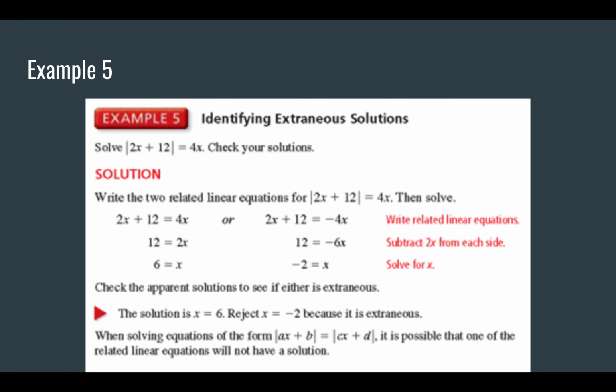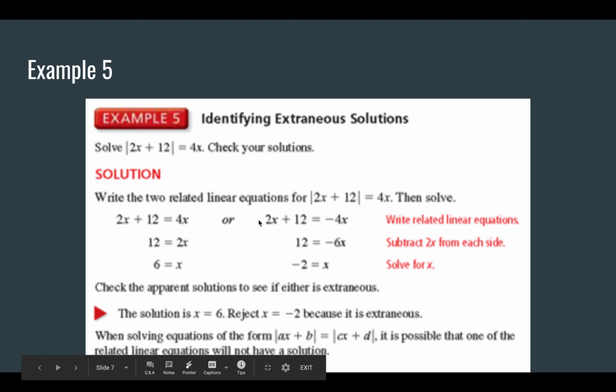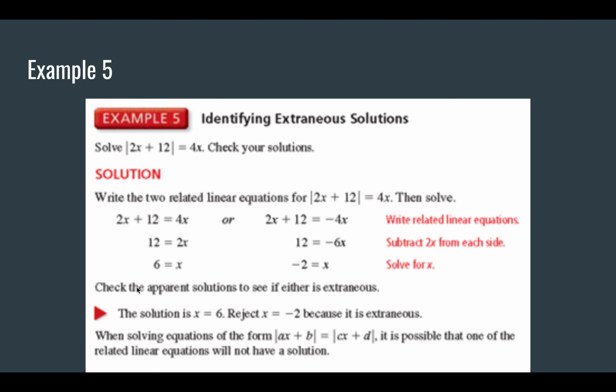For example 5, this is identifying extraneous solutions. Extraneous solutions are basically solutions that don't work, like they don't match up with the equation. So write the two related linear equations for the absolute value of 2x plus 12 equals 4x, as they do here. They solve for x. Now we check to see if it's extraneous.